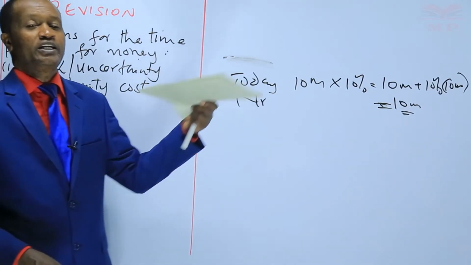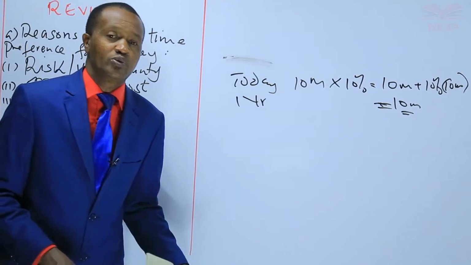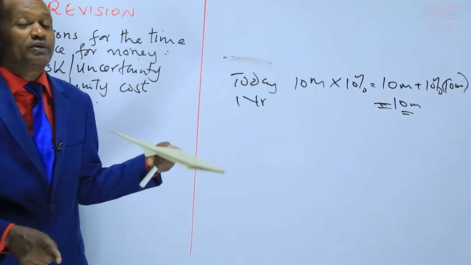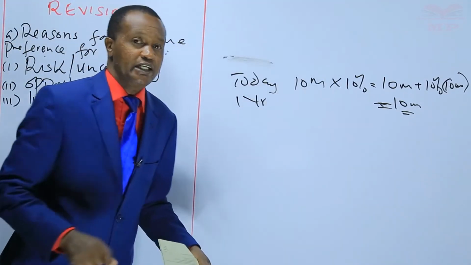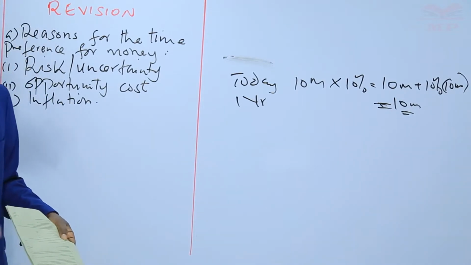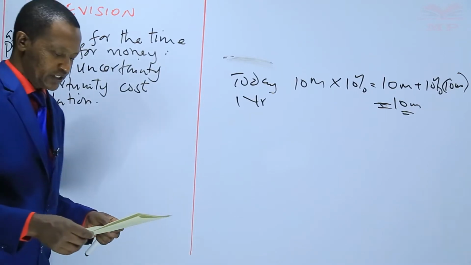But if you wait for 1 year, the purchasing power of money now is higher than the purchasing power of the same amount of money 1 year from today. Inflation. So these are 3 reasons for the time preference for money.